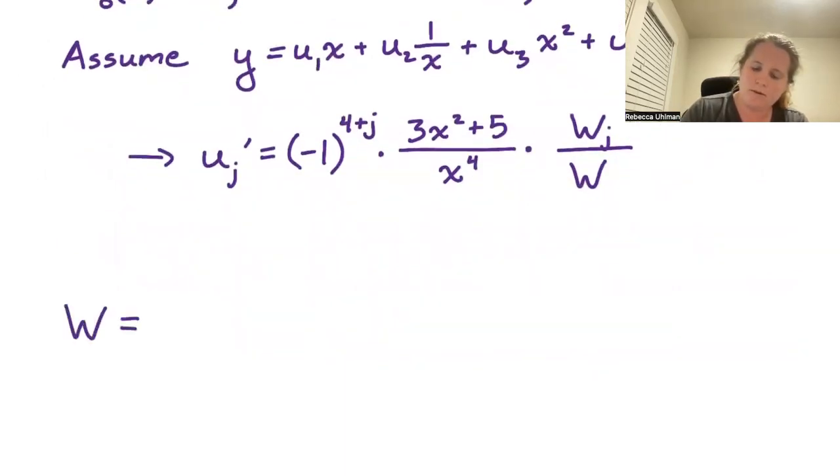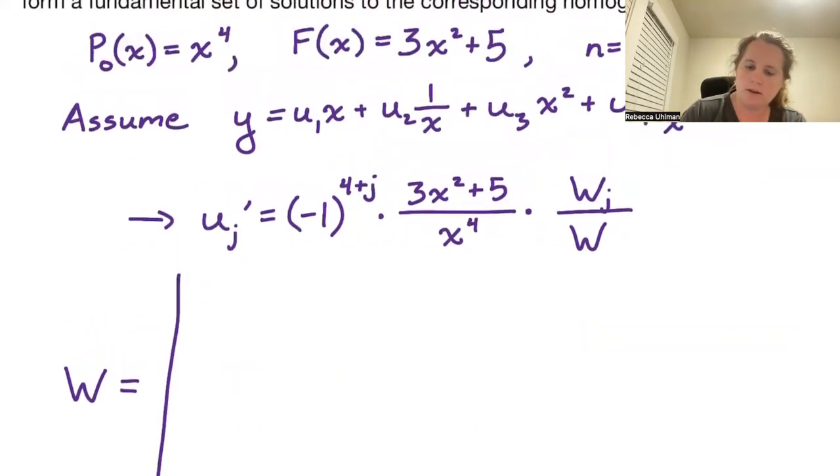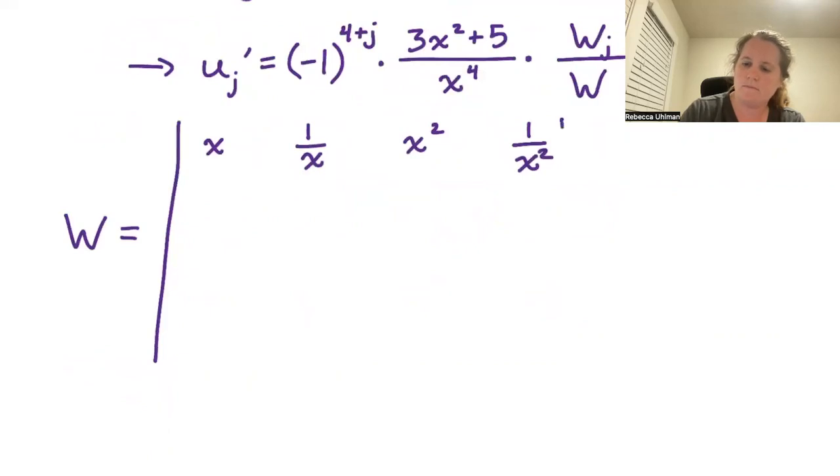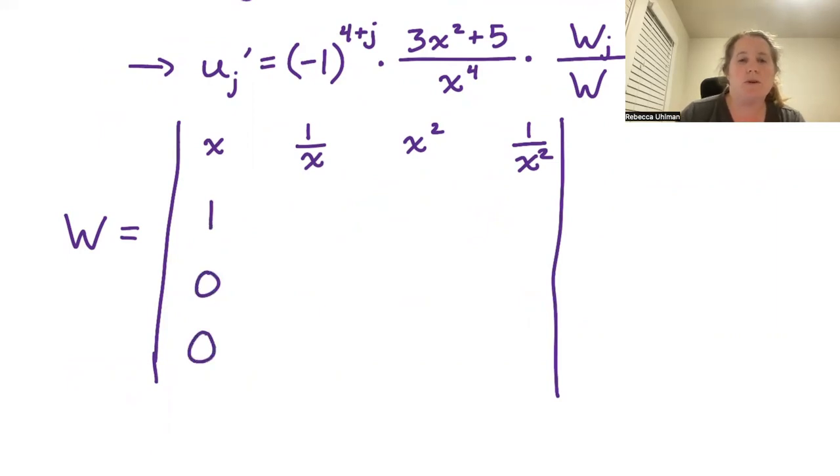So w is the determinant. We do y1, y2, y3, y4 across the top. So y1 was x, y2 is 1 over x, y3 is x squared, and y4 was 1 over x squared. Take the derivatives going down each column. So that first column, we would then have a 1, 0, 0. Derivative of 1 over x is -1 over x squared. Derivative of that is a positive 2 over x cubed.